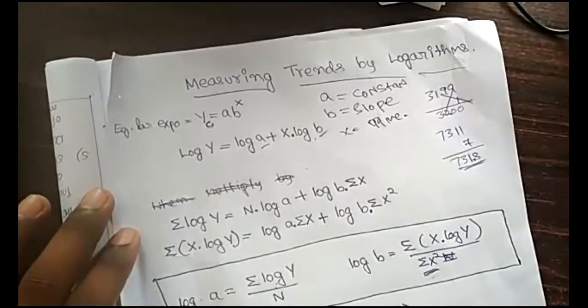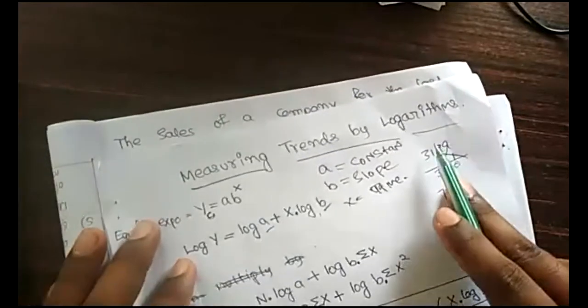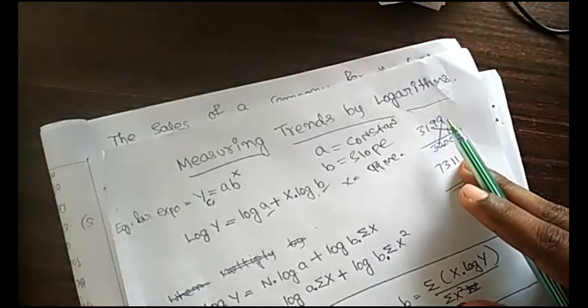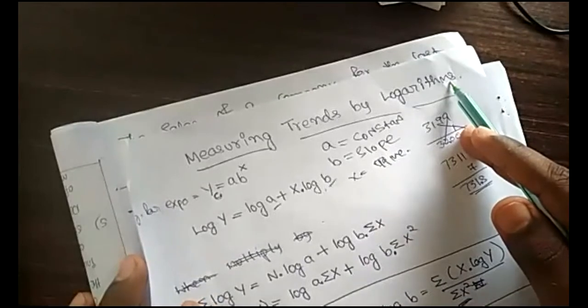The least square method and other methods are used when the rate of increase or decrease is constant. But we use logarithms when the data is either increasing or decreasing at a different rate. So at that time we use logarithm values.